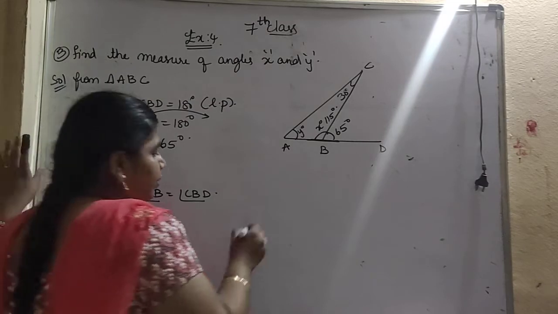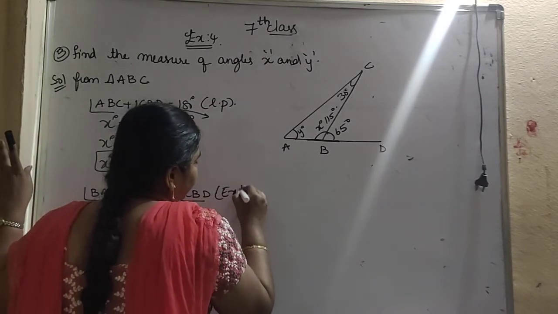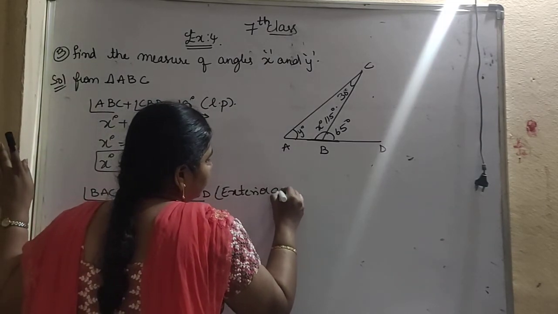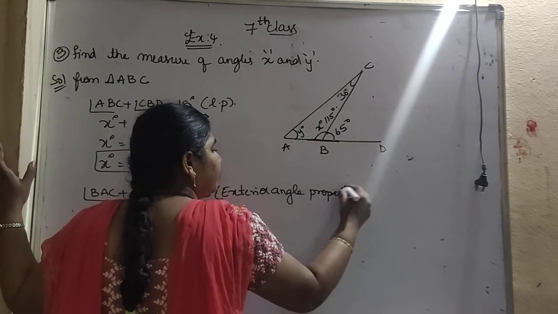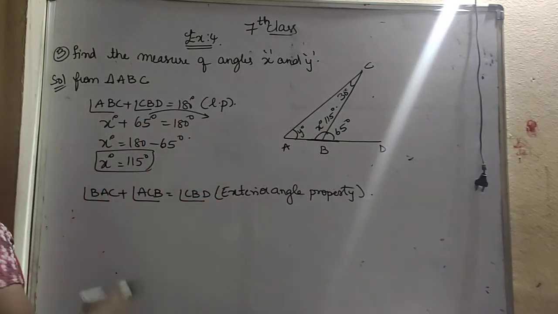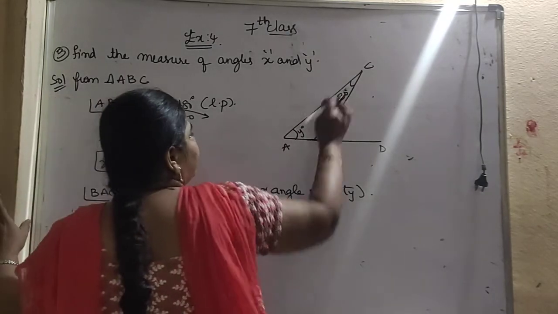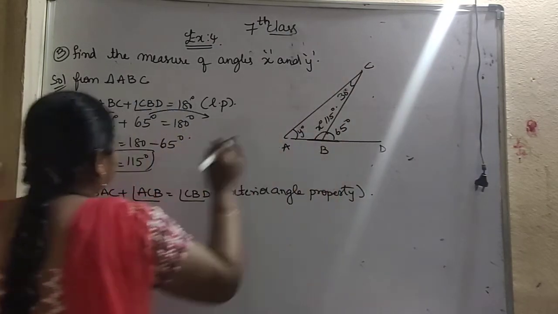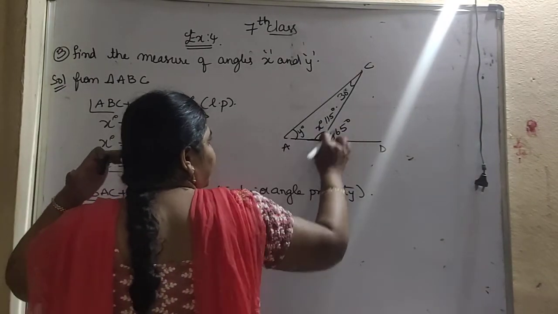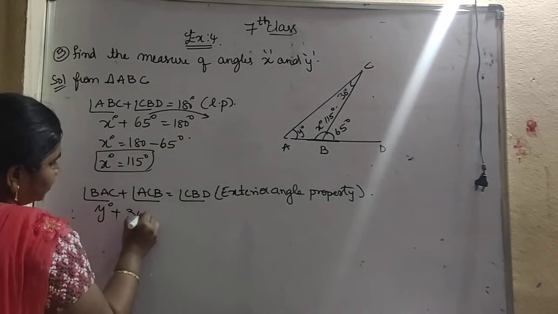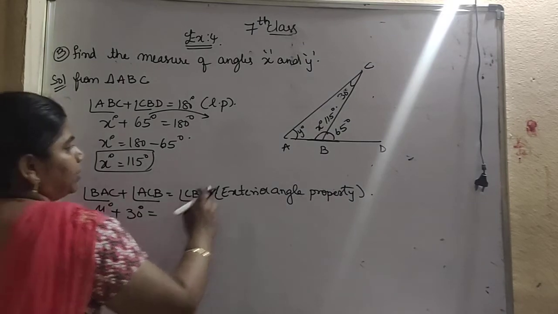This is by using exterior angle property. Okay. So here BAC is Y. ACB is 30 degrees, will be equal to CBD.